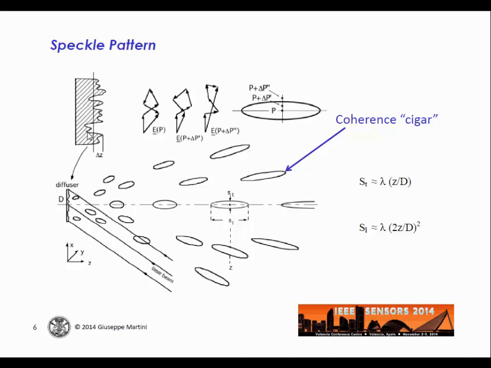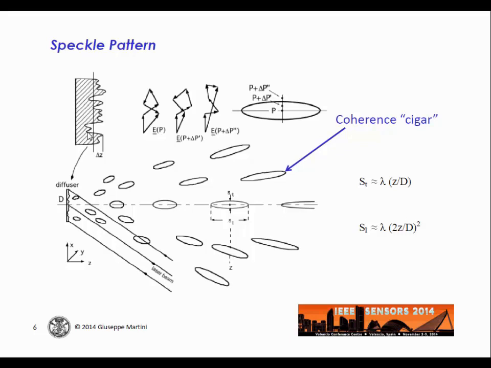So if we look at the diffused light after laser beam illumination with a plane wave, we will see a speckle pattern, that is some bright grains inside which we have coherence, immersed in a dark background. How does this happen?